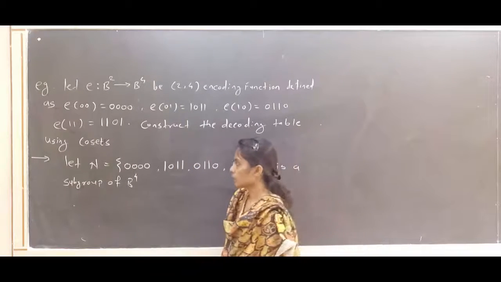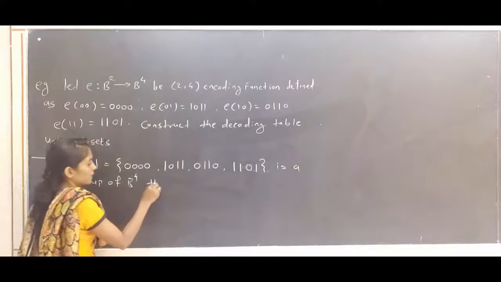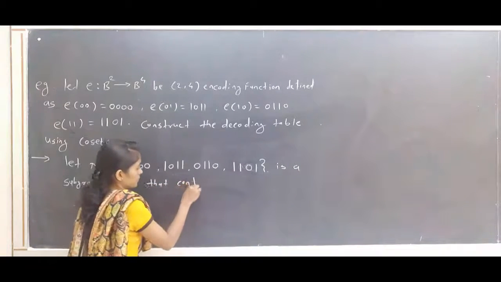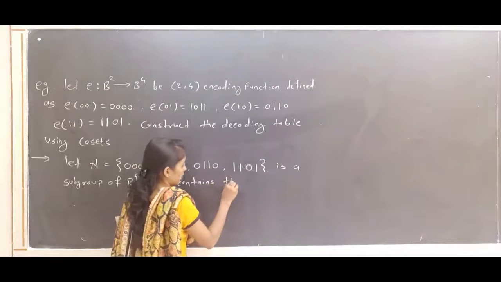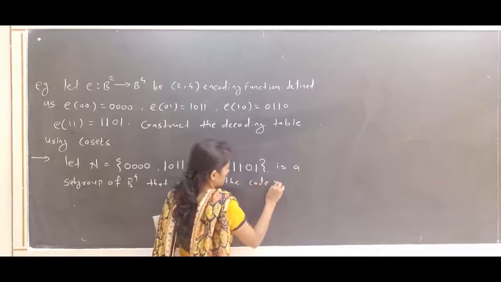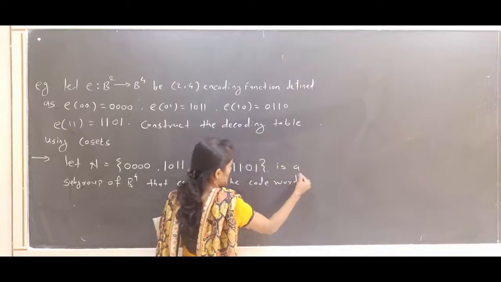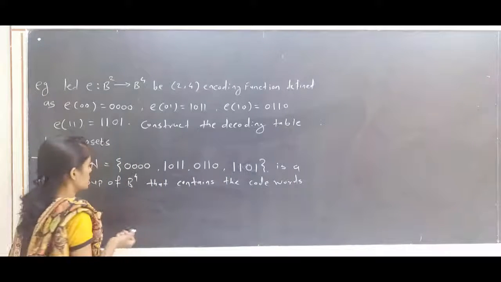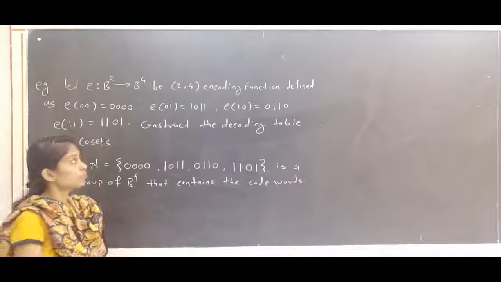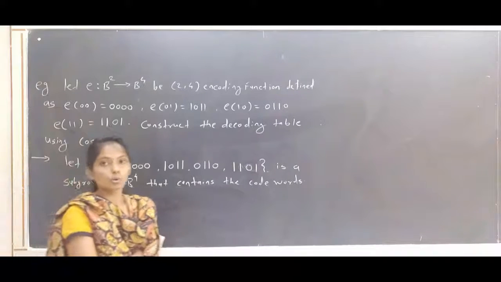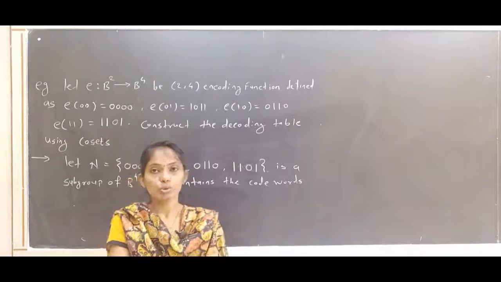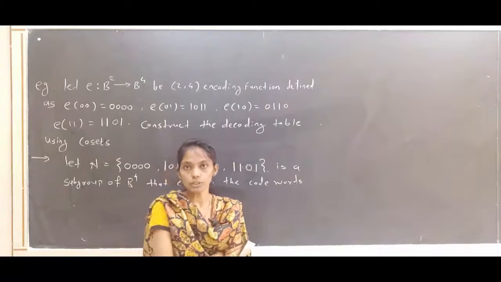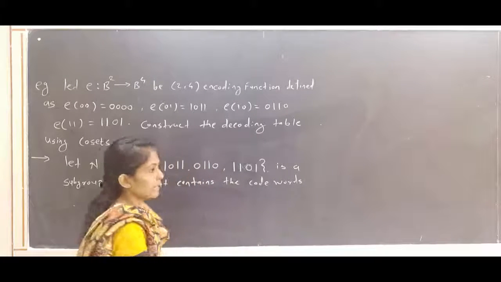Now here set N contains the code words. So B⁴ contains 2⁴, that is 16 elements.